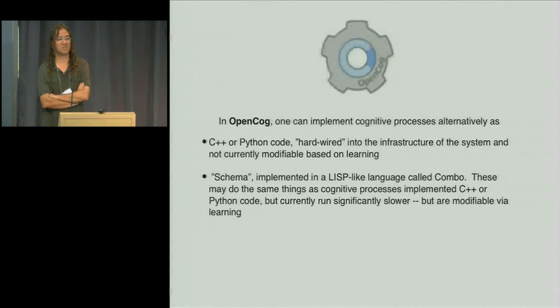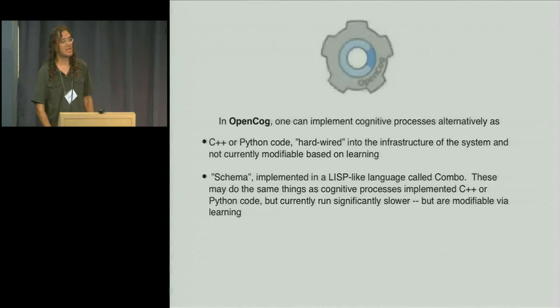In the case where it's a Combo program, that agent is implemented as cognitive content, so the system can reason and learn about it using its current methods. In the case where it's written in C++, it's part of the system's infrastructure. Right now, the system has no way to modify that, but in future, we could enable the system to learn and reason about its C++ code, and then it could.